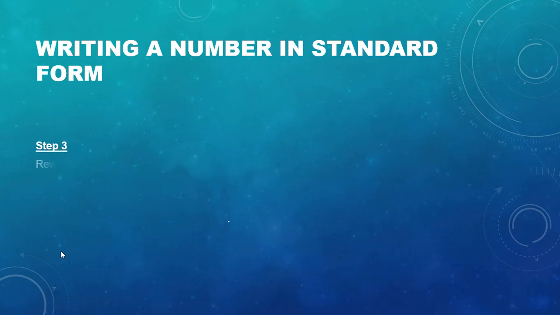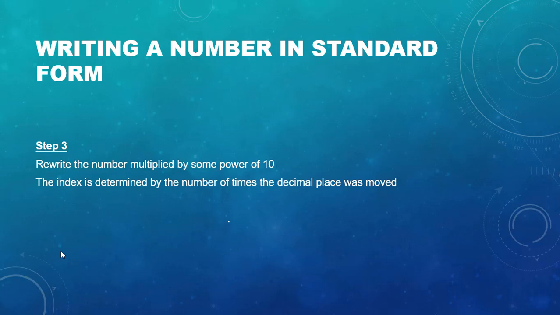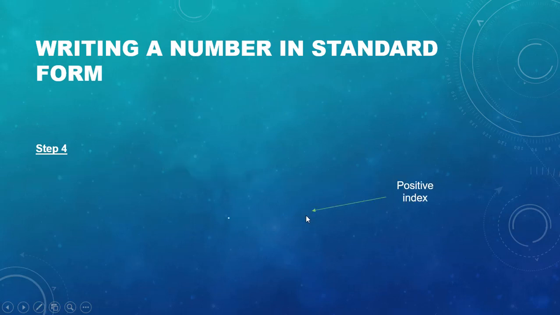Now step 3 says we are to rewrite the number multiplied by some power of 10. So we rewrite our number with some power of 10, and the index of that power of 10 is determined by the number of times the decimal point was moved. So in our example, the decimal point was moved 6 times, right? So therefore the index on the power of 10 is 6.